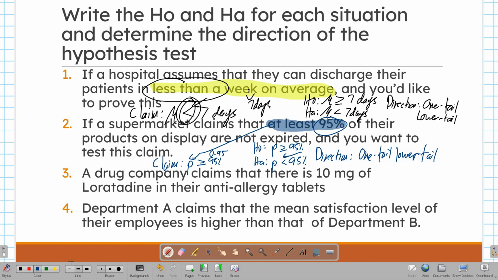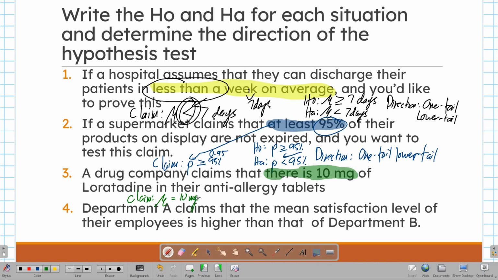Now, in number 3, the claim is that the company claims that there is 10 milligrams of loratadine. It doesn't say one is bigger or smaller. It just says that there is. Therefore, on average, you can say that the mean is 10 milligrams.